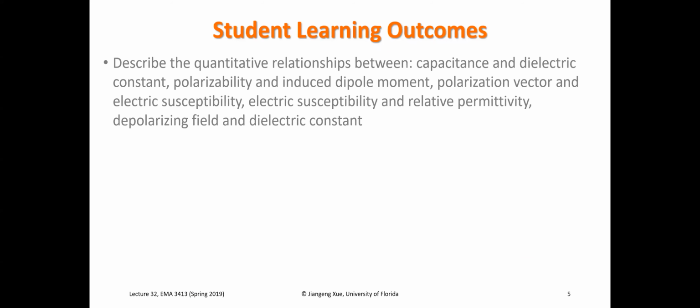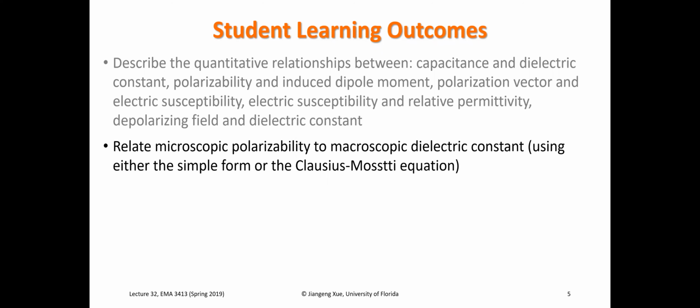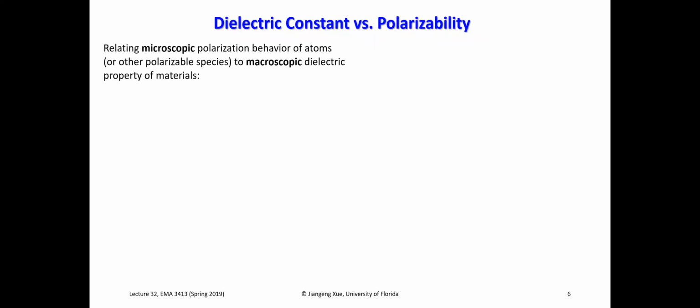So the second student learning outcome is to relate the microscopic polarizability to the macroscopic dielectric constant. There are two different situations. One is to relate the microscopic polarization behavior of the atoms, characterized by the polarizability, to the macroscopic dielectric property, characterized by the dielectric constant.